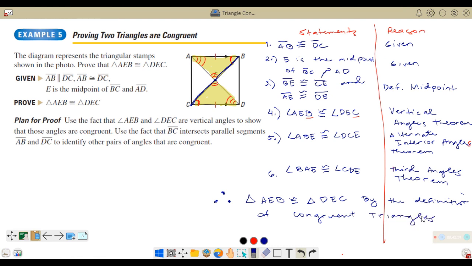Since they have three corresponding sides and three corresponding angles, triangle AEB is congruent to triangle, is my arrangement right? Yes. Triangle AEB is congruent to triangle DEC. A corresponds to D, B corresponds to C, and E corresponds to itself, E. Okay, we're done here.